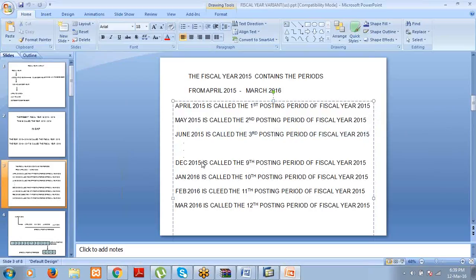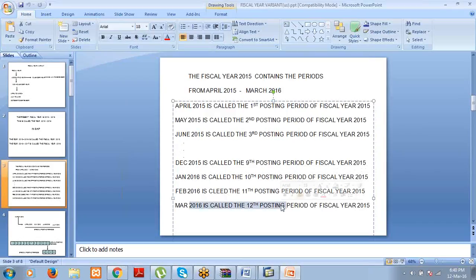Similarly, December 2015 is called the ninth posting period of fiscal year 2015. Once December 2015 is over, we enter into January 2016, which is called the 10th period. February 2016 is called the 11th period, and March 2016 is called the 12th period.